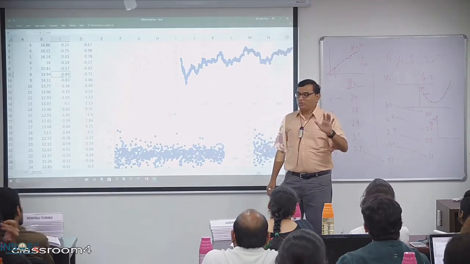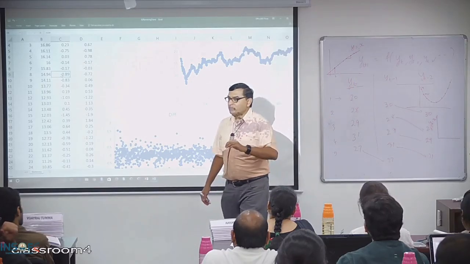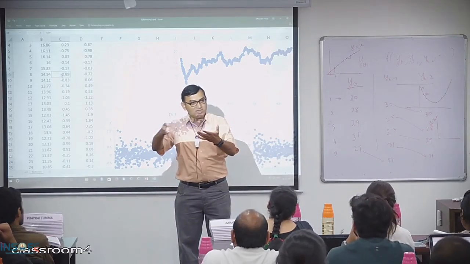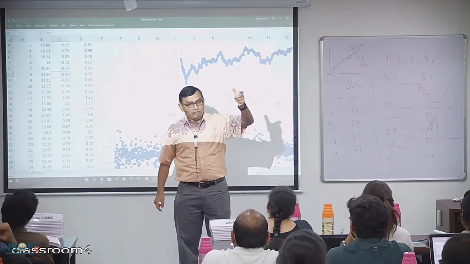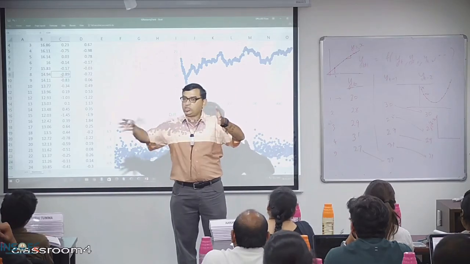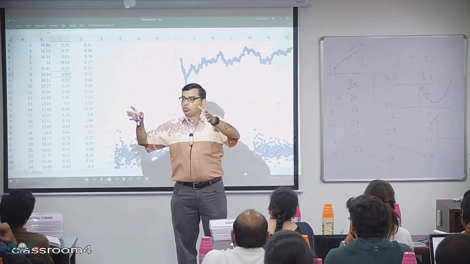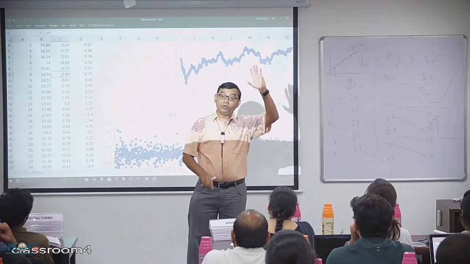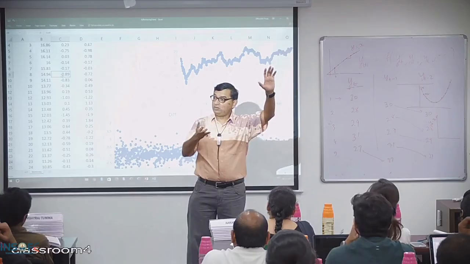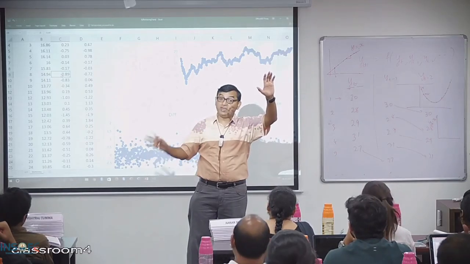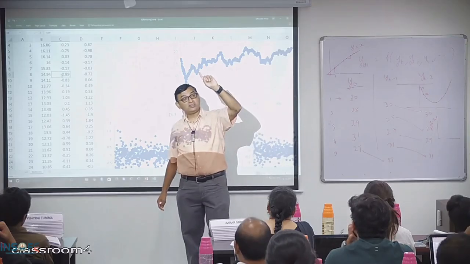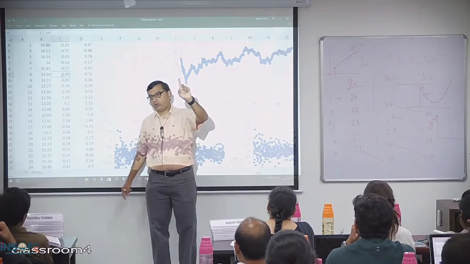The reason the word integration is used is that after differencing once, it is a stationary series. So to get the original series, you are integrating back once. You say that the original time series was obtained as if from integrating a stationary process. So the original time series is called integrated of order 1.